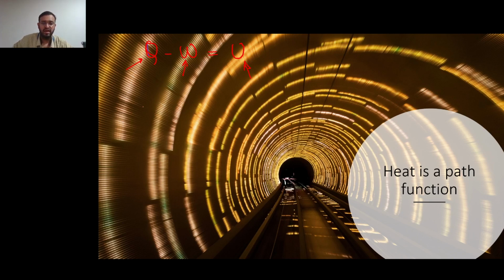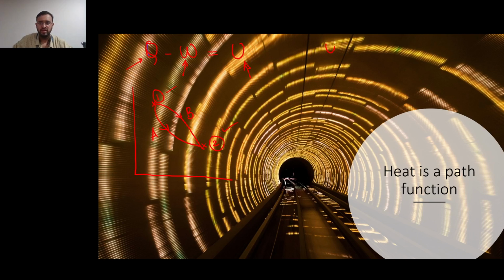So if we have various processes in which the initial and final conditions are the same, say from 1 to 2, with path A or process A and process B. Now we know that the initial and final conditions are the same.